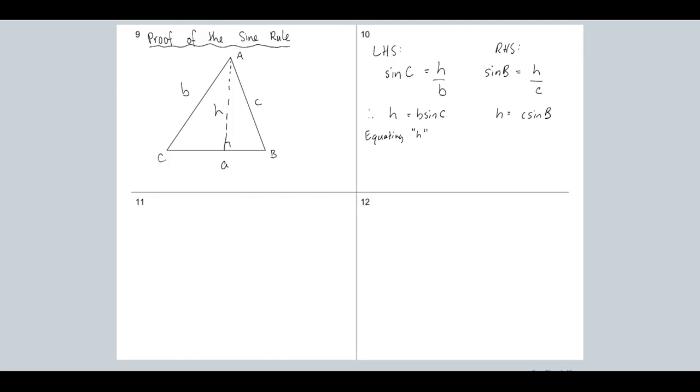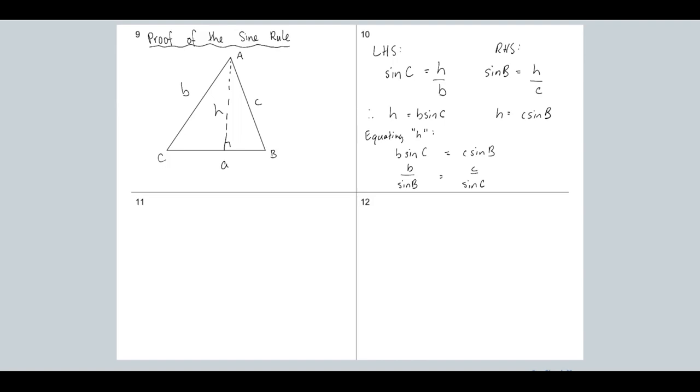So equating the h, we have b sine C is equal to c sine B. And now if I divide both sides by the sines, I'll get b over sine B is equal to c over sine C. That's one pair.